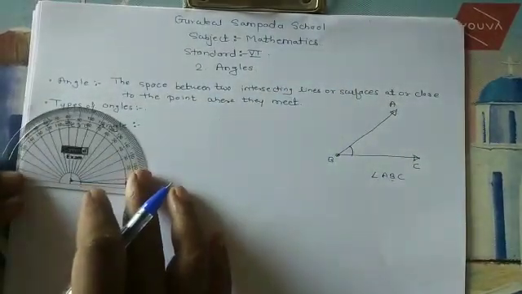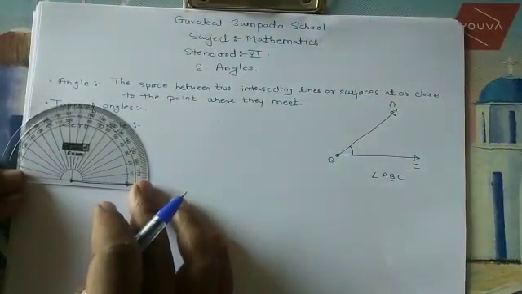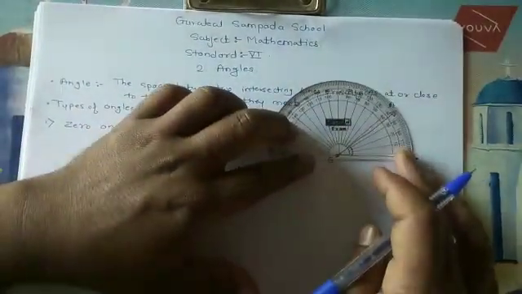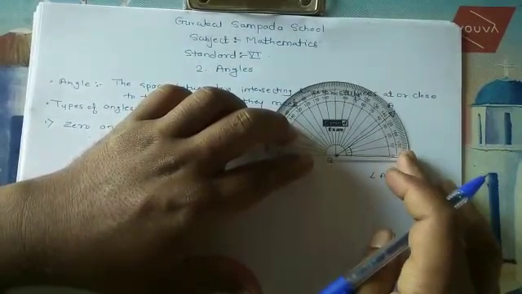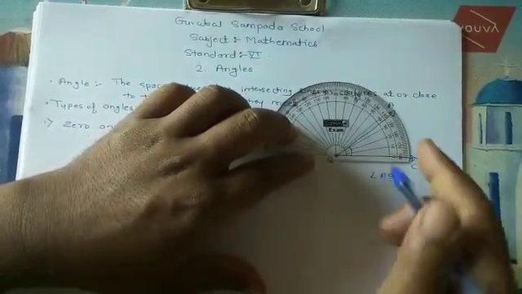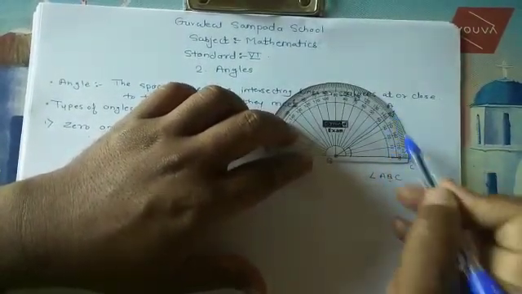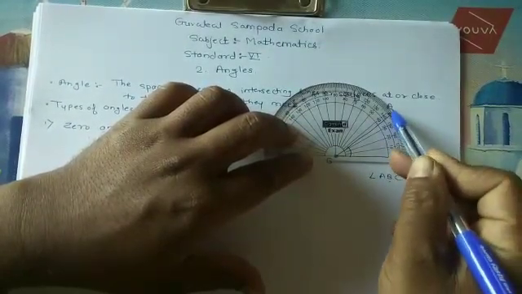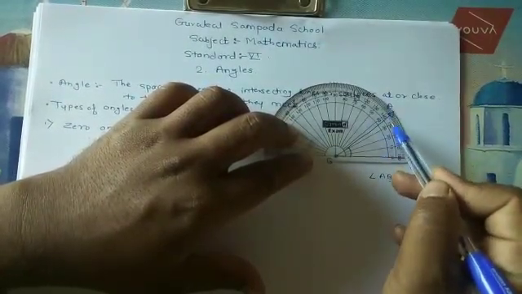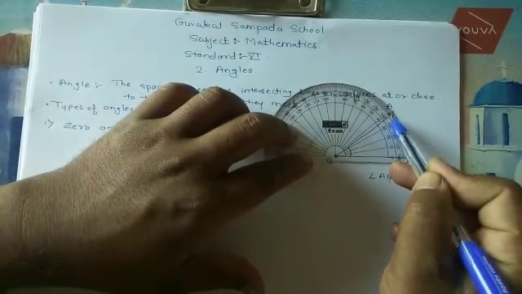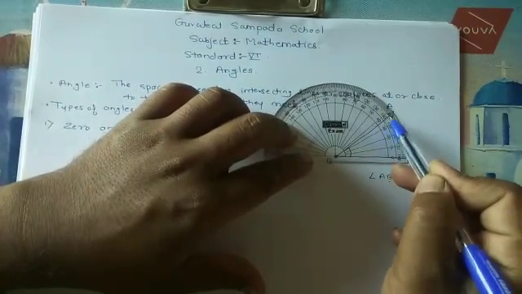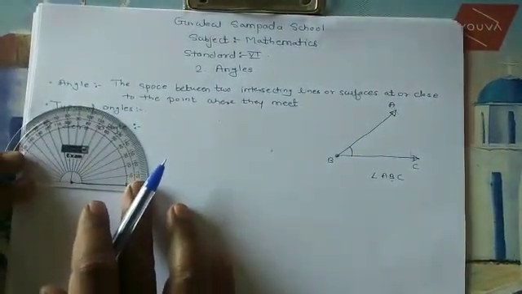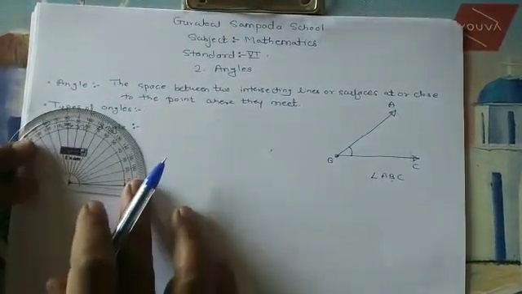If I keep the protractor at this position and measure the angle, it is near about 37 degree. We start to measure from here, 0, and the angle goes up to this point A, and the angle is 37 degree. It lies between 30 and 40.